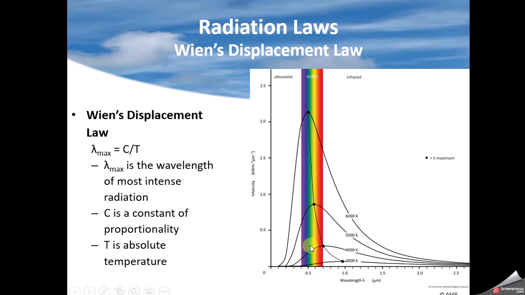So if you have the sun's radiation, you'll notice it tends to put most of the spectrum in the visible. However, the Earth, on the other hand, is more towards the infrared. So that's why we learn a little bit from Wien's displacement law. We can see where most of the radiation wavelength is coming from.